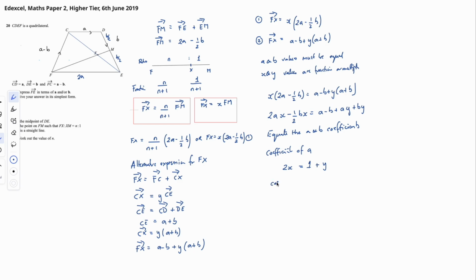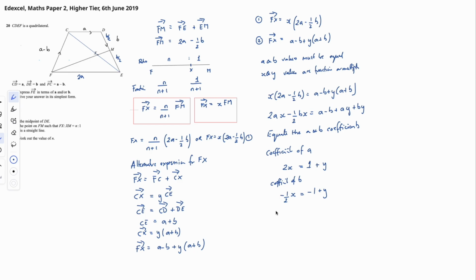Let's do coefficients of b, and we've got a negative half x on the left hand side equals negative 1 plus y.